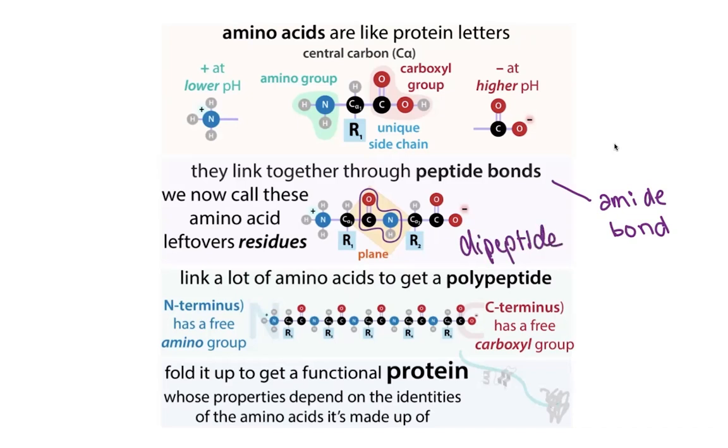You link up more and more, you get an oligopeptide, you link up a lot, and then you get a polypeptide. And then basically when that folds up, we call it a functional protein. So a protein is really just a big polypeptide, and typically it's going to be folded up and it's functional to make a functional form.